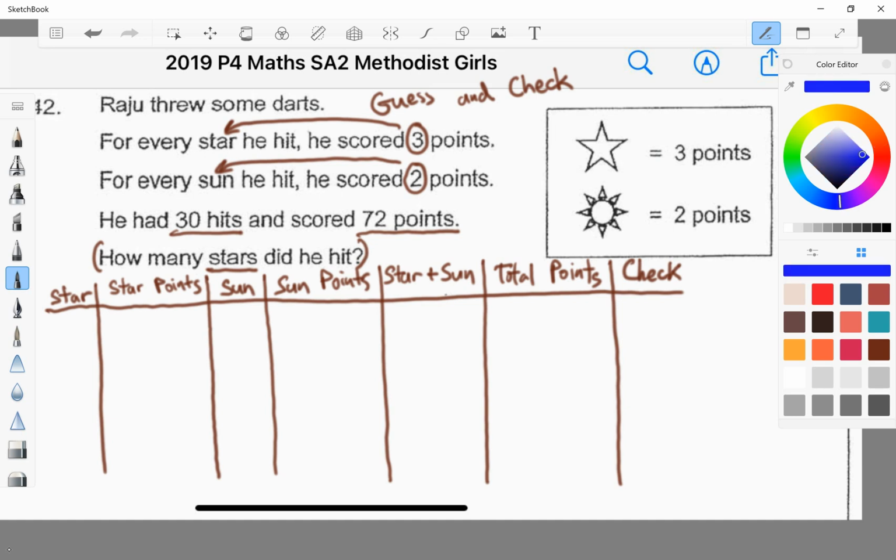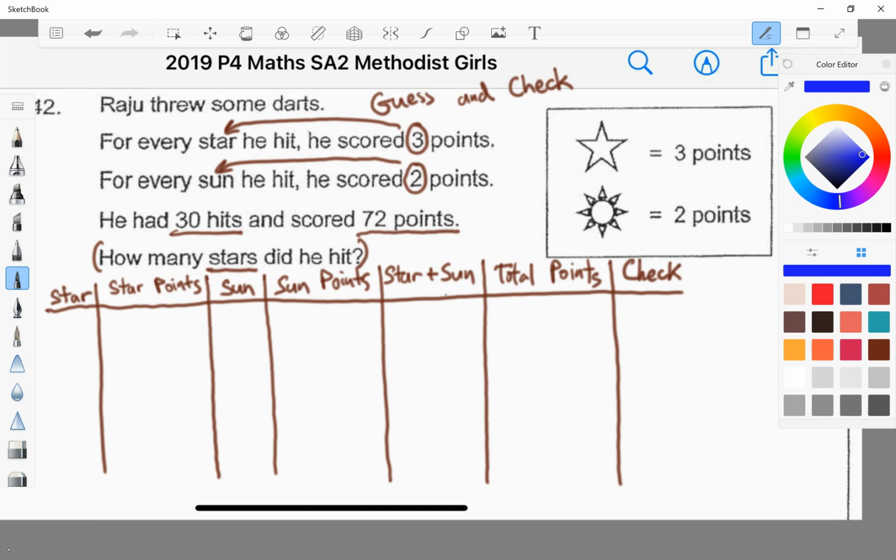So 30 divided by 2 is actually 15. So what if the number is an odd number like 33? Then how should we proceed? If we take 33 divided by 2, it's actually 16.5. And if it's 16.5, I will advise children to start with 16 and then 17 for the other item. So it could be 16 for stars and 17 for sun.